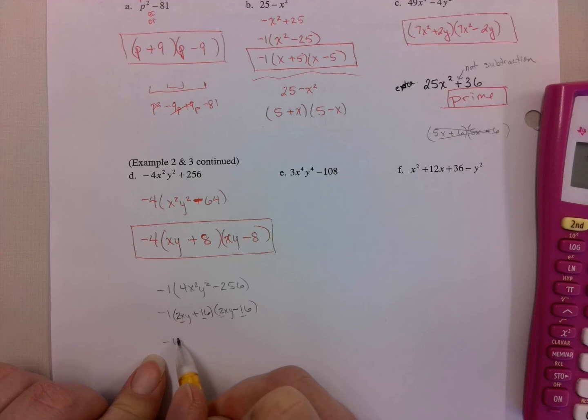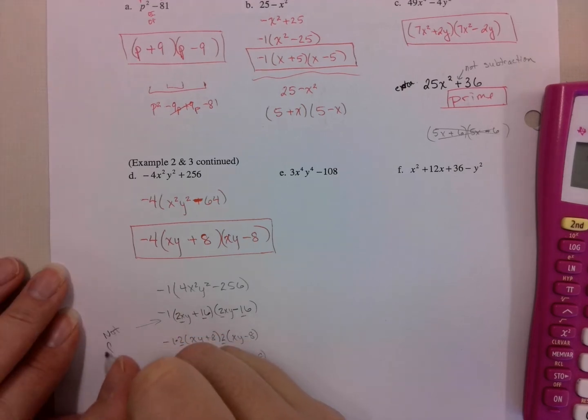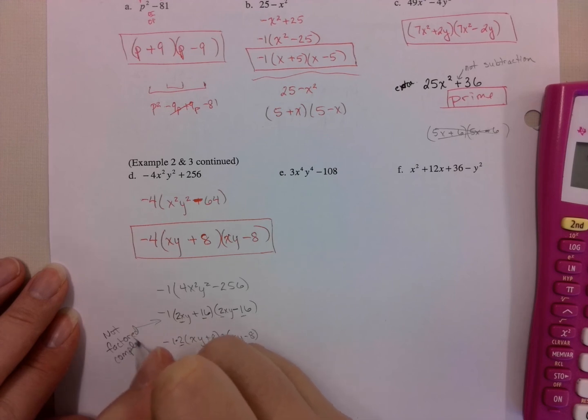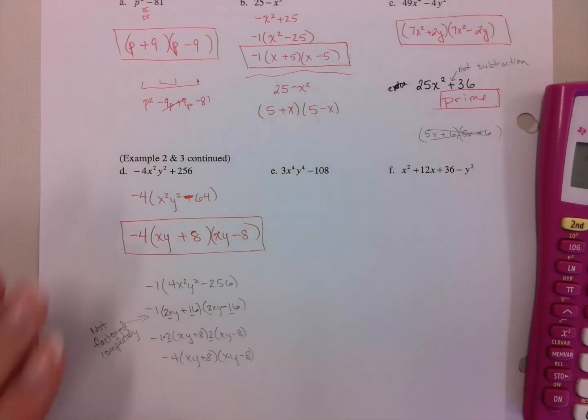You'd have to factor out the 2 from here and the 2 from here, and then that 2 and 2 makes that negative 4 times xy plus. That was a lot more work than taking out the GCF at the beginning. Okay, so if you left this answer, it would be wrong because it is not factored completely. So I know this takes me a little extra time, but I think sometimes it's important to know why you have to do it this way or finish it that way.